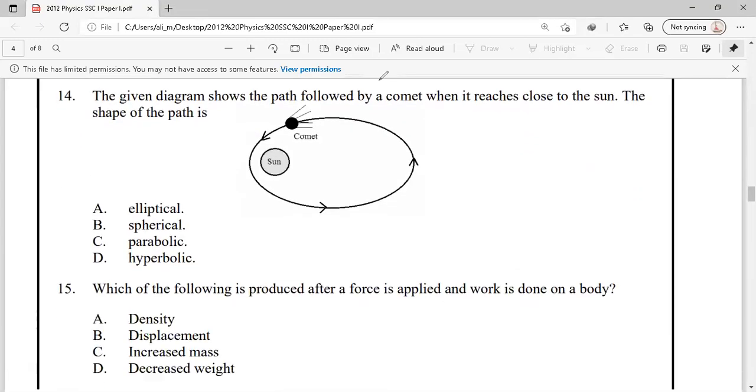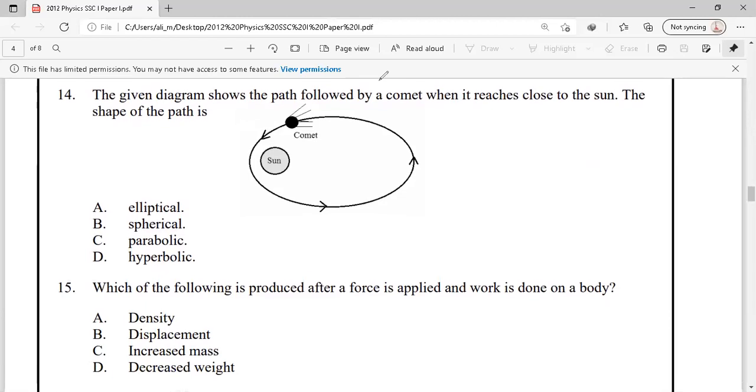Then let's move to our next questions. The given diagram shows the path followed by a comet when it reaches close to the sun. The shape of this path is known as a parabola. So the path is known as a parabolic path. So option C is the right answer. Question number 15.